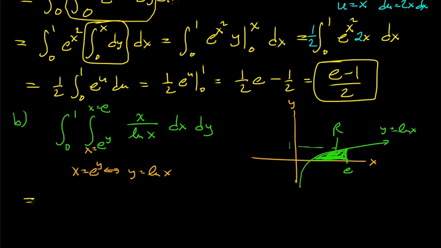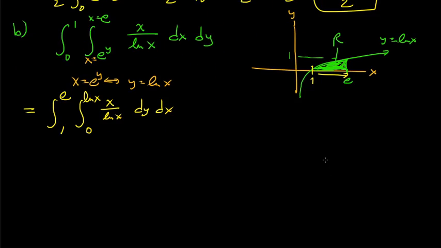And now we can switch the limits of integration, right? So we're still integrating x over log x, but now we're going to do it changing the order dy dx. So y goes from 0 to log x, and x goes from, remember, right, log of 1 is 0, so we're going from 1 to e here. 1 to e for x.